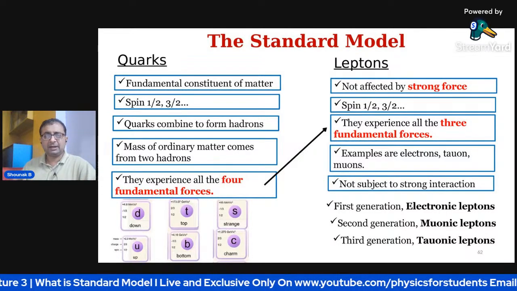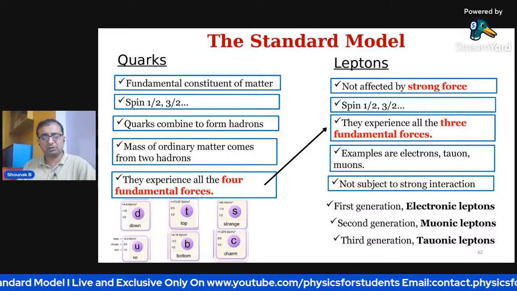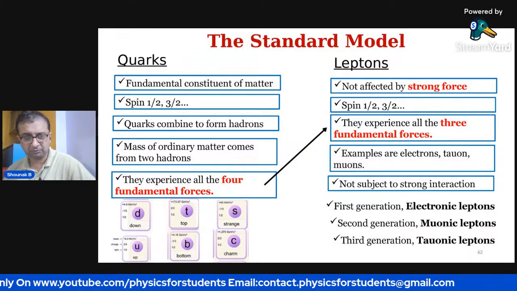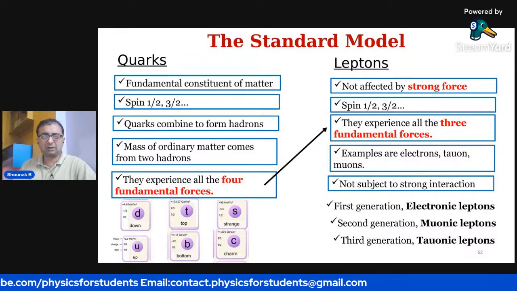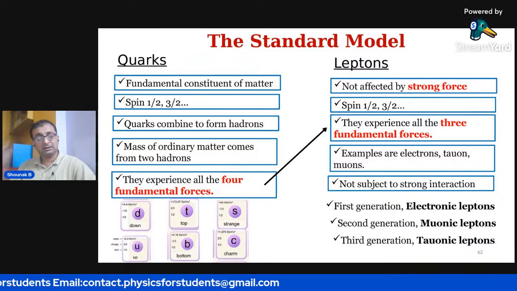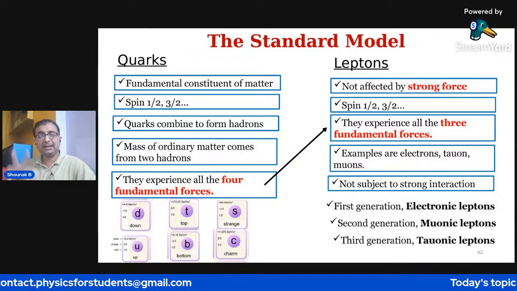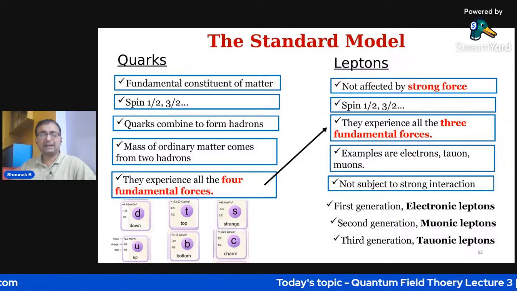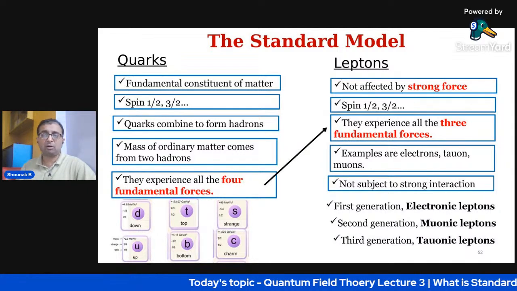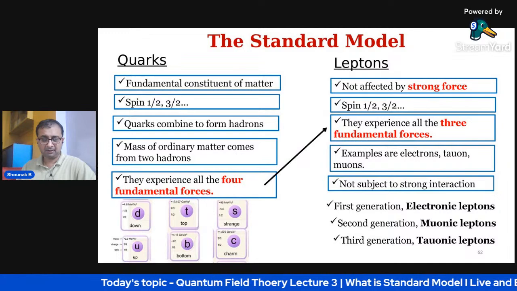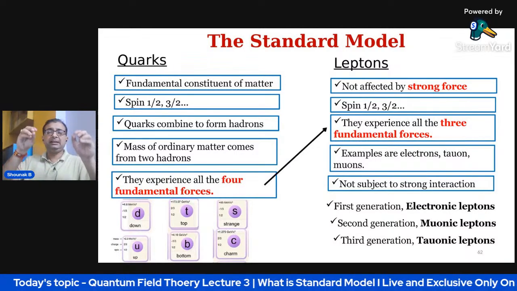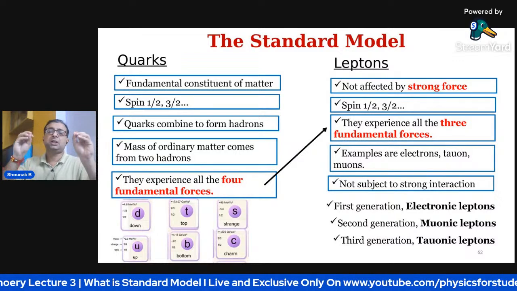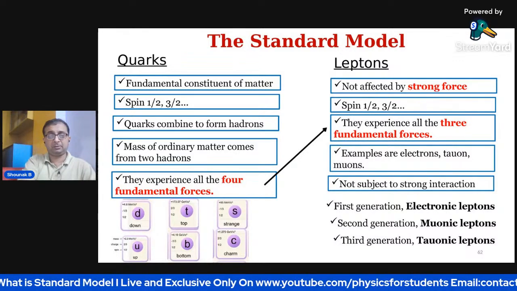Right? Okay, if I come to the leptons, they are not affected by the strong force. Again, they are spin-half particles, and they experience the other 3 fundamental forces. Examples are electrons, tauons, muons, and so on. So which are the only elementary particles in the standard model of particle physics to experience all the fundamental forces?